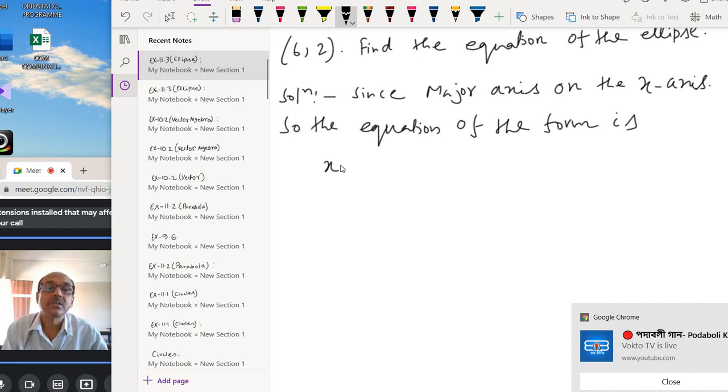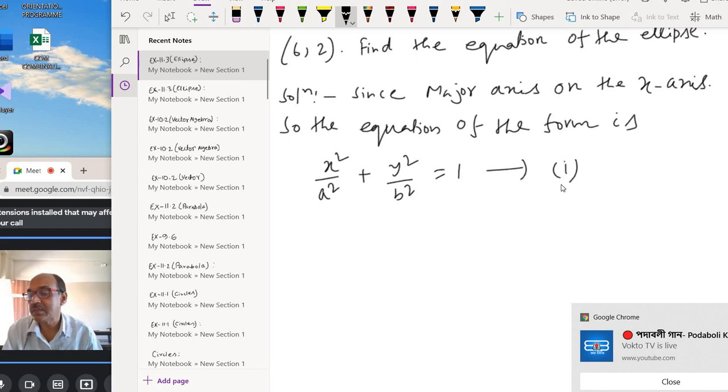So x square by a square plus y square by b square equal to 1. This is equation number 1.